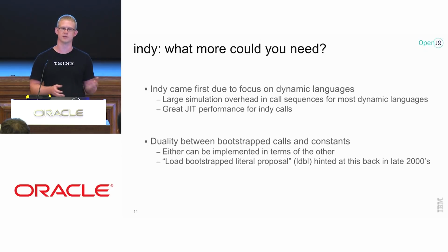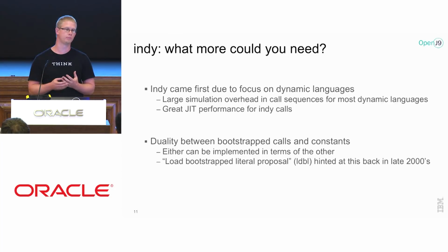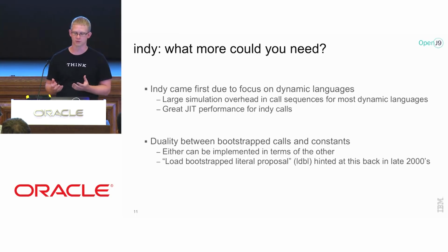And to make that call, you had to box up your arguments. You had to go through reflection, you had to unbox all your arguments, and you usually ended up with a lot of code at any given call site that was doing a bunch of things that didn't matter, not really in terms of what you wanted. And so we did Invokedynamic to be able to put that code out of line and let the JIT see all the way through your call sequence and give you some really good performance.